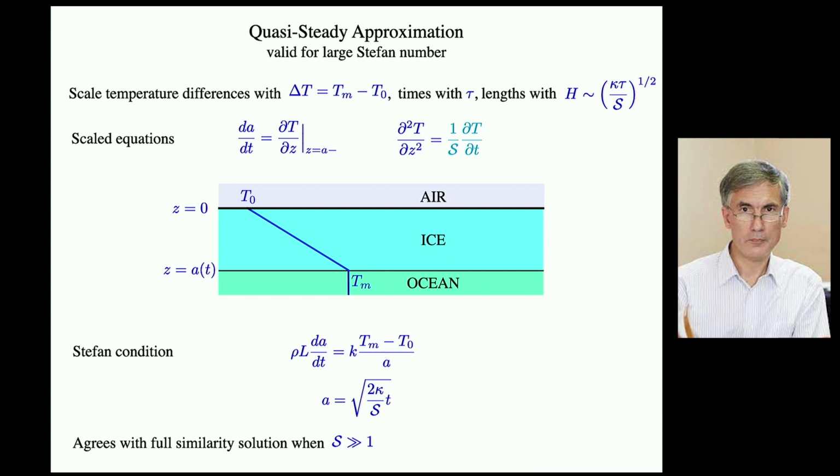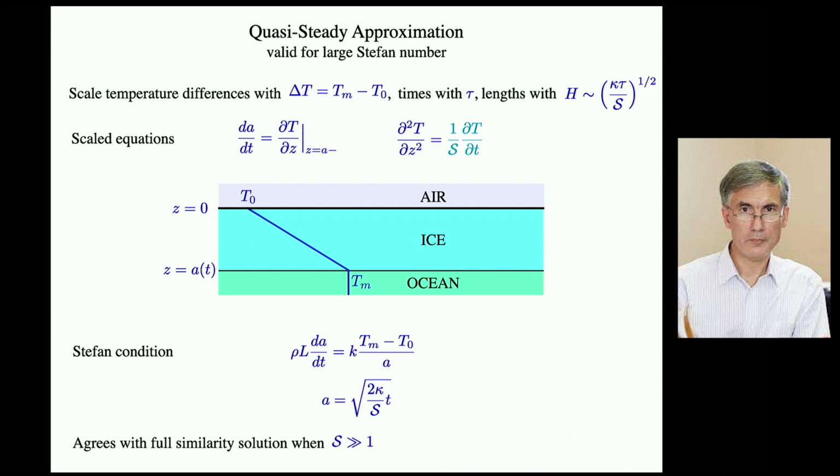Now in our Stefan condition, the latent heat release is balanced by the temperature gradient, and the temperature gradient from this linear profile is just the temperature difference divided by the thickness. And then we can almost solve this equation in our heads: multiply up by a, and we've got a times dA/dt. The integral of that is a squared, modulo a factor of 2.